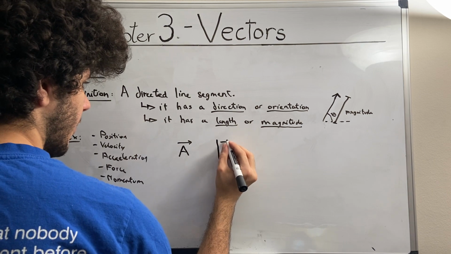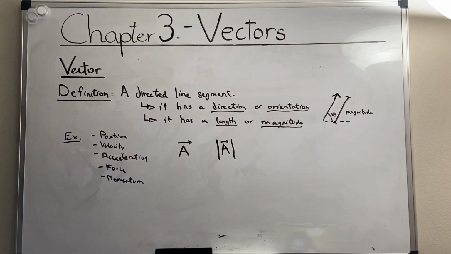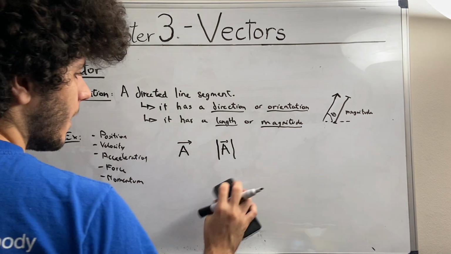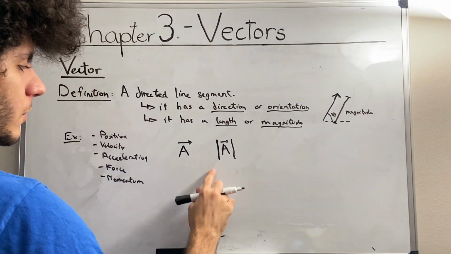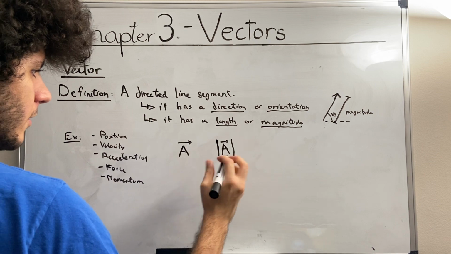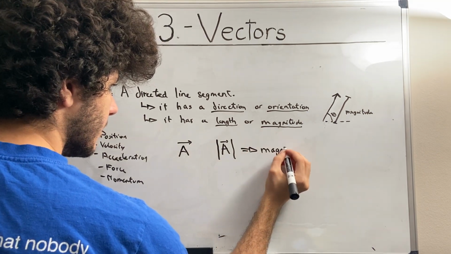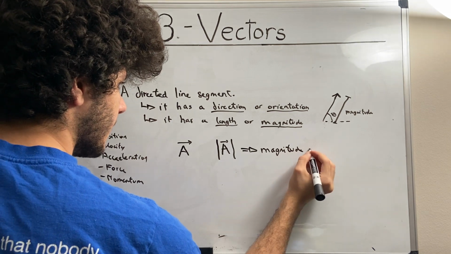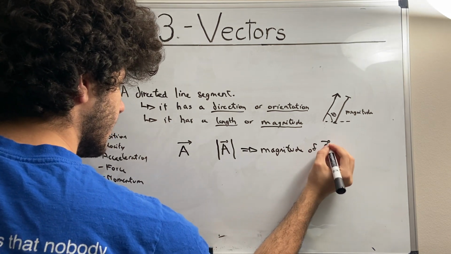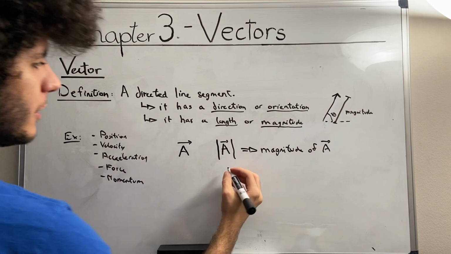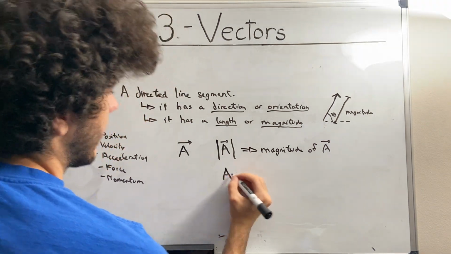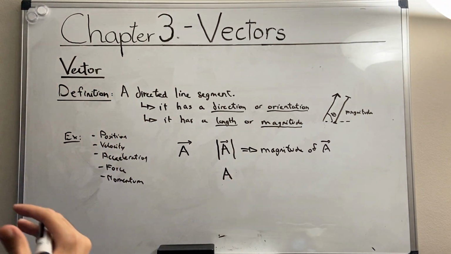Though in a lot of physics classes, people end up just not, if they're talking about the magnitude of a vector, wait, hold on, let me just write this. Magnitude of A. Yeah, so usually people will just write A when they're talking about the magnitude of a vector.